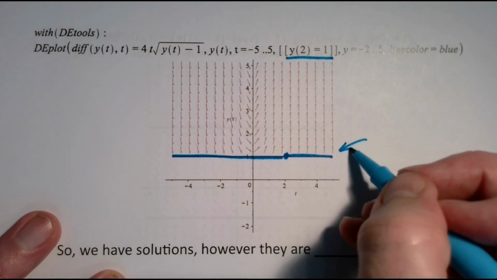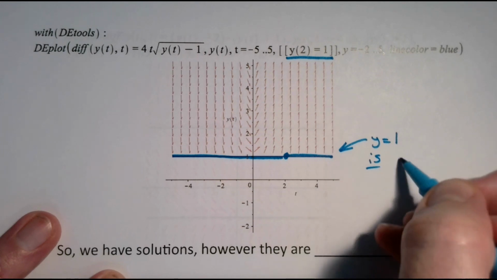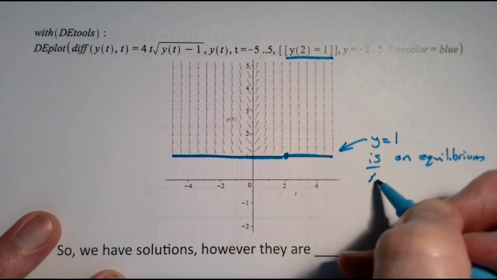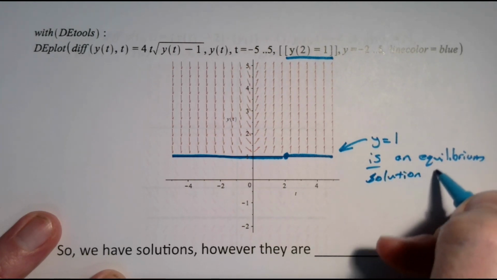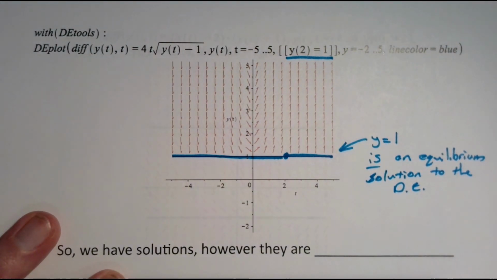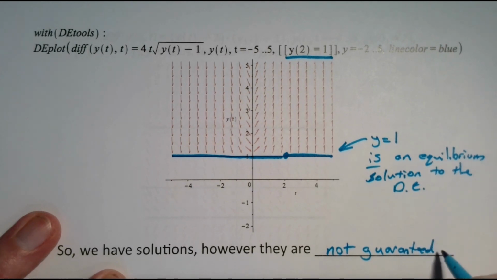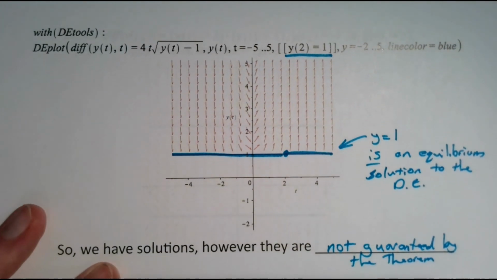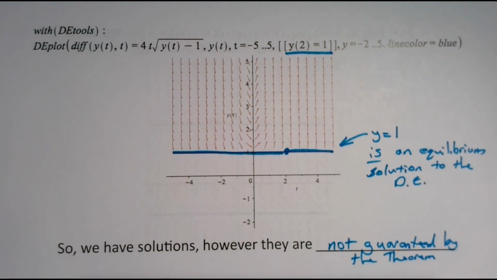So y equals 1 is an equilibrium solution to the differential equation, but it's not guaranteed by the theorem. So unfortunately, we have solutions, but they're not guaranteed to be unique. That gets us to the end of this little chunk of material.